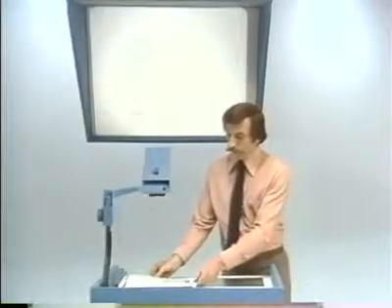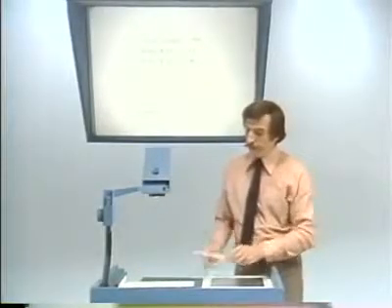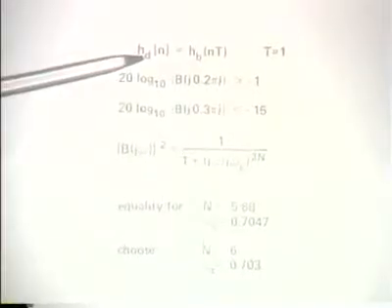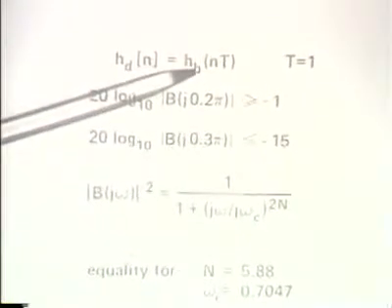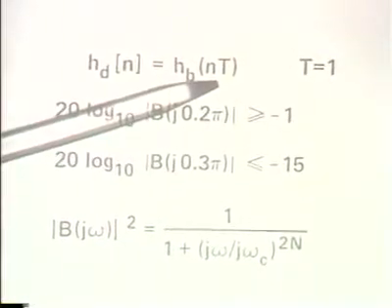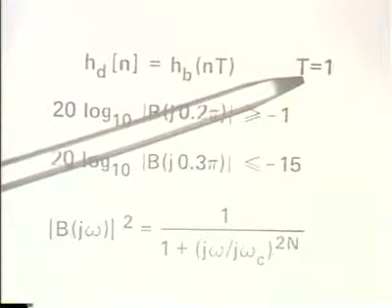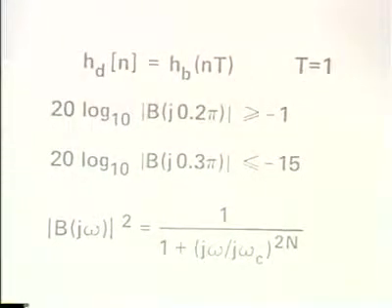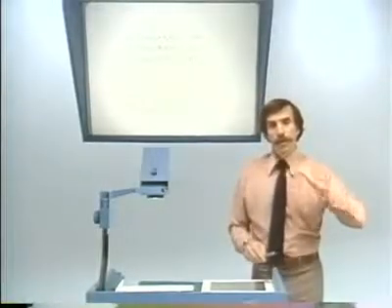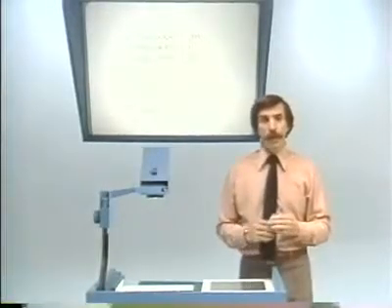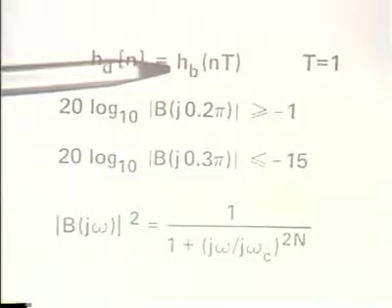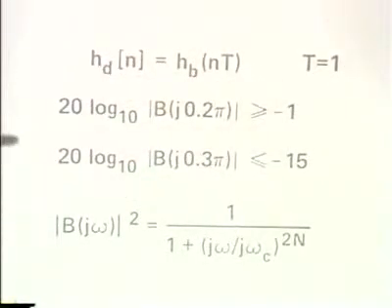All right, so let's do that then. We want the discrete time impulse response to be the continuous time impulse response sampled. And for convenience, I'm going to pick this parameter, capital T, equal to 1. That means that the discrete time frequency axis and the continuous time frequency axis are scaled identically because capital T is equal to 1. And so now we want the analog or continuous time specifications.